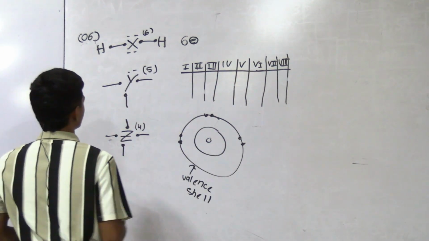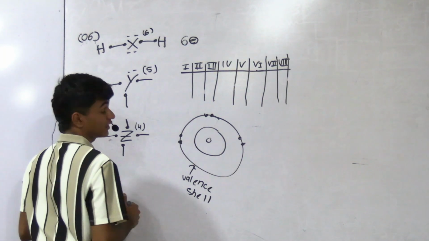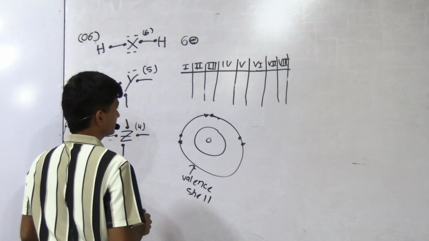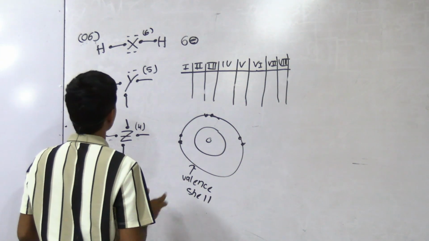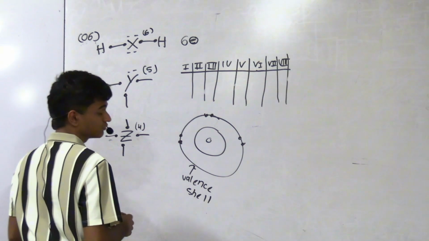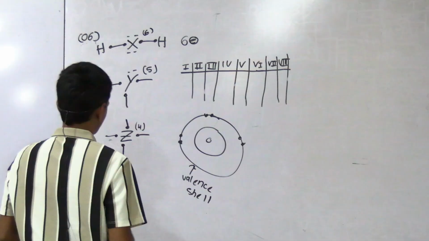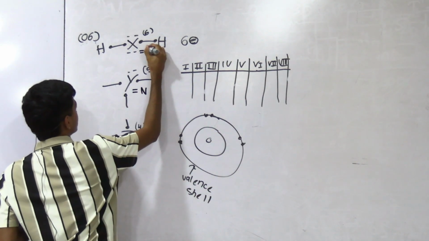So if we consider Y, it has 5. 5 means group number 5. So Y has to be a group 5 element. We have only one group 5 element, nitrogen. Okay, it's gonna be nitrogen.